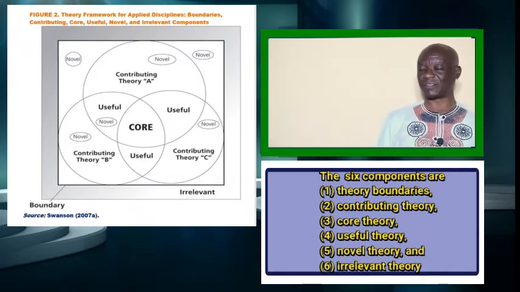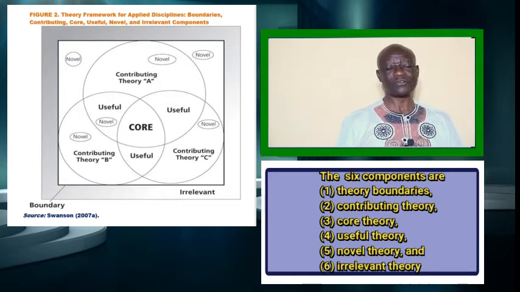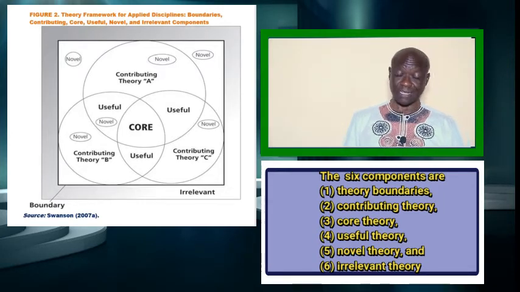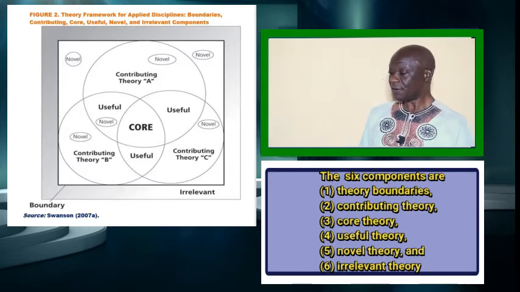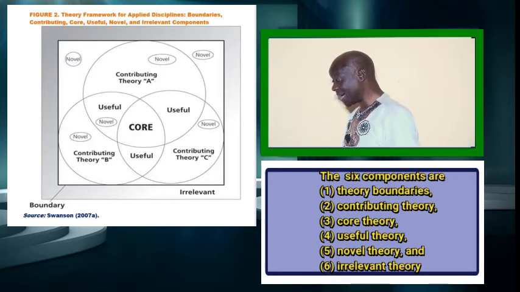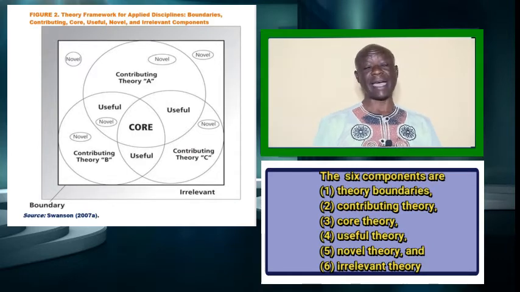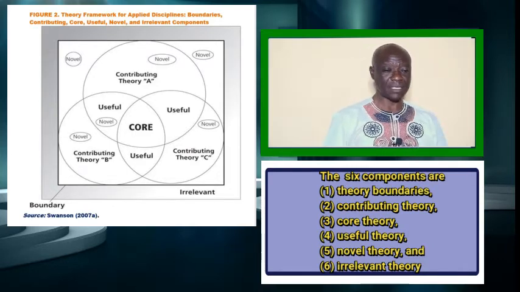because we need to understand what the boundary refers to in theory building and when we are actually classifying theories. The boundary of the theory of an applied discipline, ladies and gentlemen, is established by specifying its name.